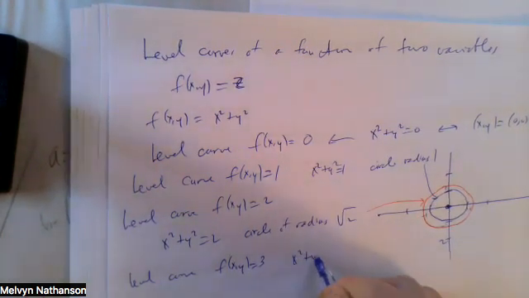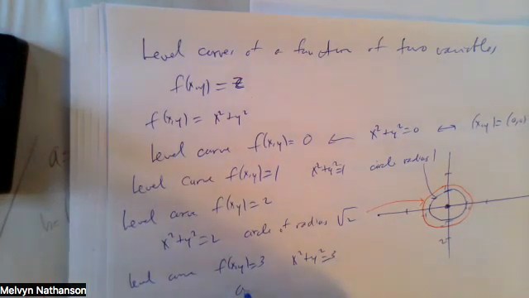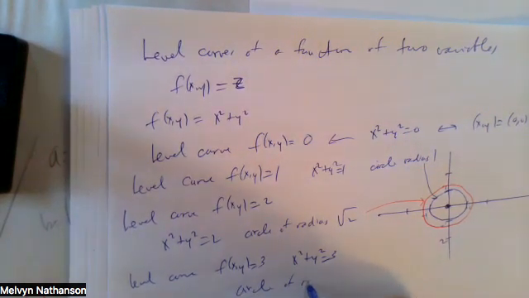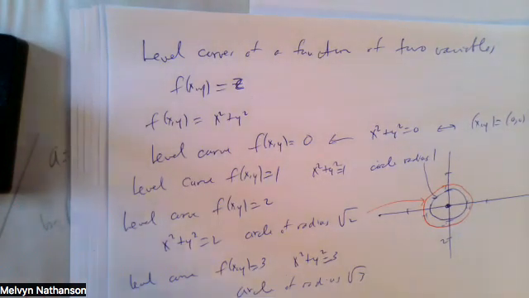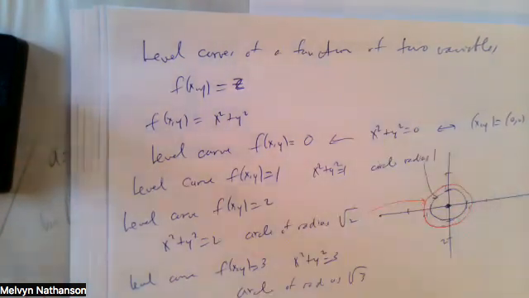That's x squared plus y squared equals 3. That's a circle of radius square root of 3, which is about 1.7.